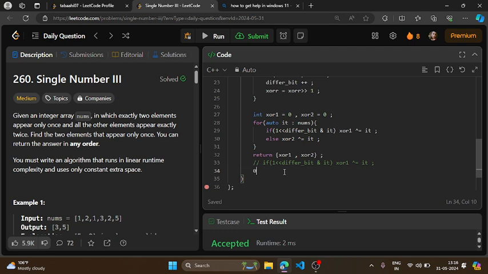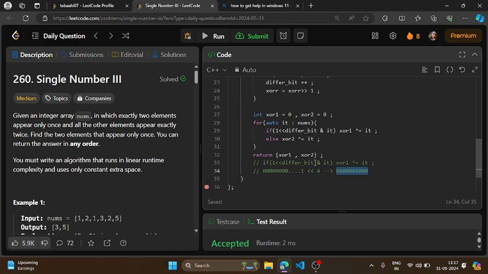So 1 is like 0 0 0 0 0 and then 1, right? This is our 1. And now if I'm left shifting my 1 by, let's suppose, 4 positions, then it will be like 0 0 0 0 1 this way. So this will be our shifted 1.